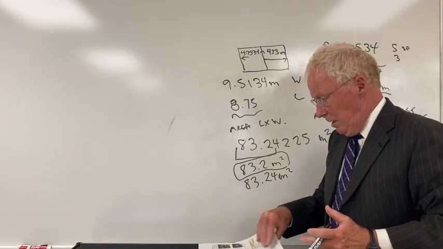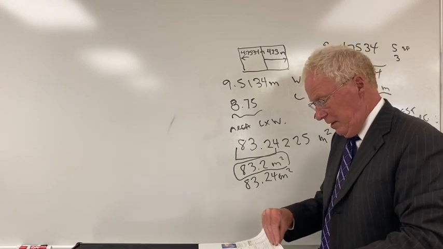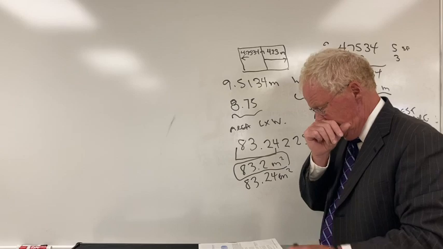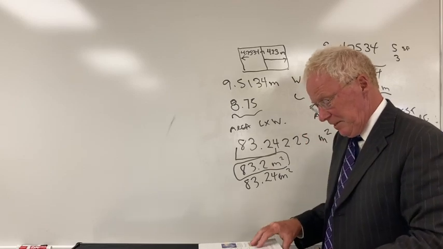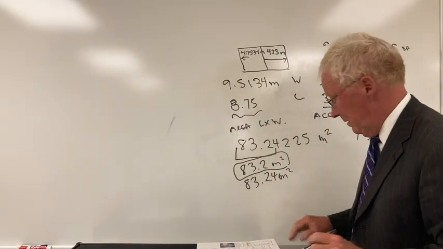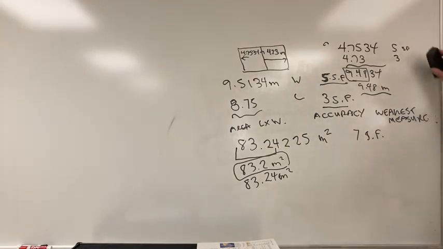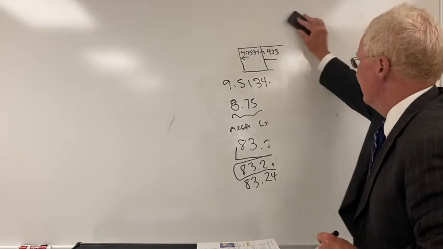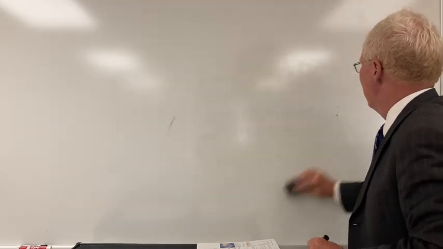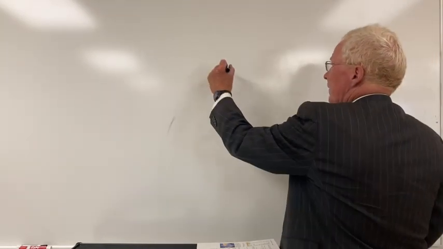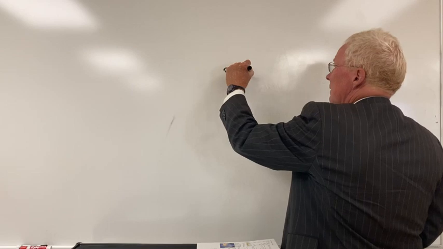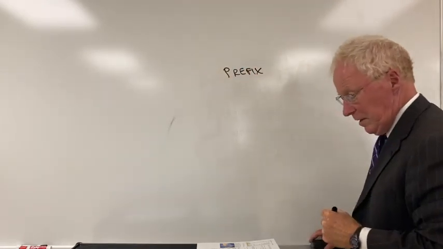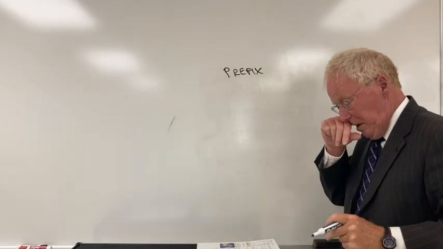All right, so the last thing we're going to be doing, I'm not going to do any unit conversion today, but the last thing we'll be doing are prefixes, or scientific notation, and there's a whole bunch.